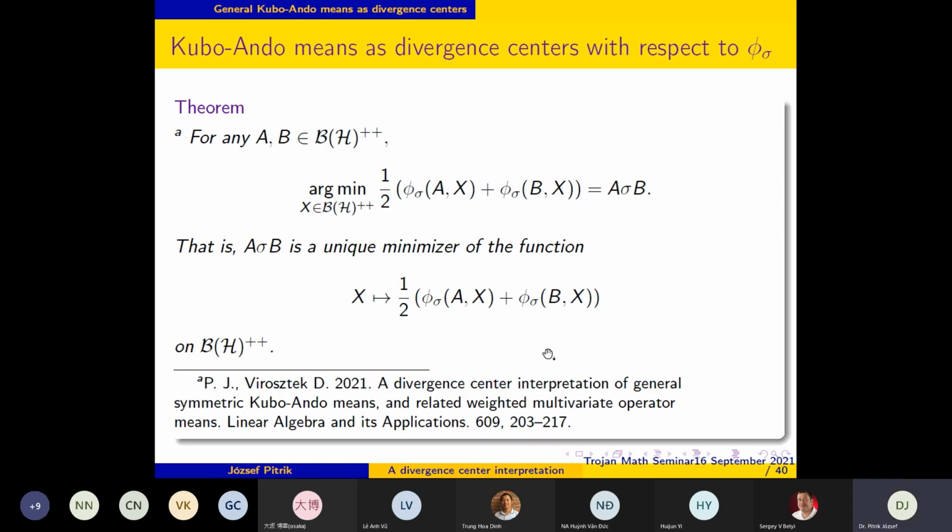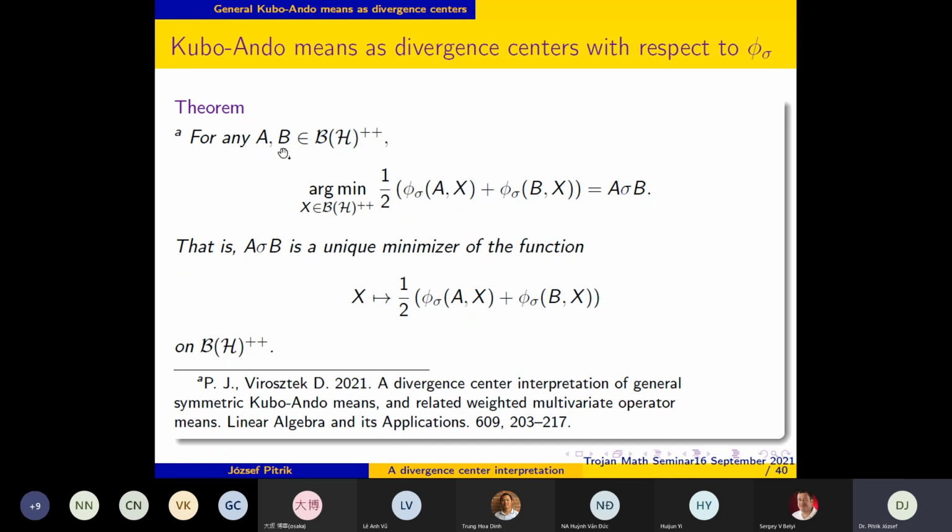Now, we turn to the main result of this section, which asserts that the symmetric Kubo-Ando mean A sigma B is exactly the divergence center of A and B with respect to this divergence defined before.